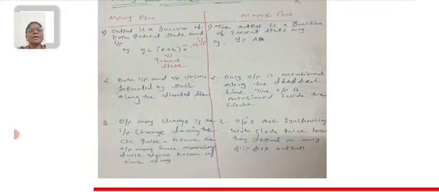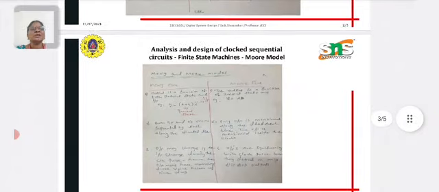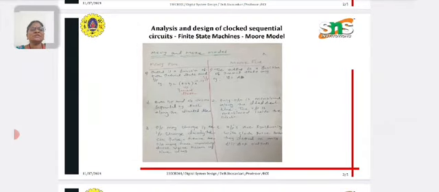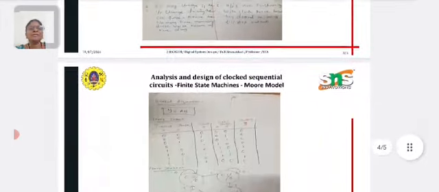Hence, the output may have false values because of time delay. But in a Moore circuit, outputs are synchronized with the clock pulse and depend only on the flip-flop outputs. So these are the differences between Moore and Mealy circuits.